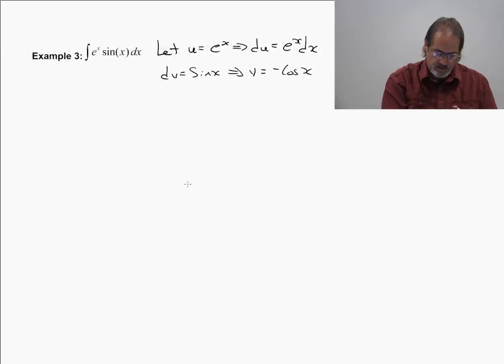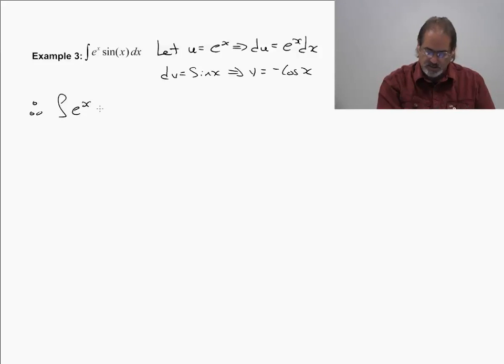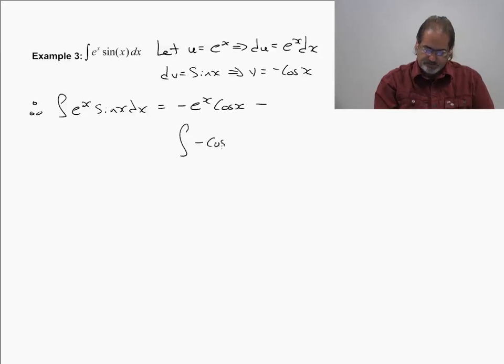Therefore, the integral of e to the x sine x dx actually equals uv, which is a negative e to the x cosine of x, minus the integral of v, which is negative cosine of x, du, which is e to the x dx.